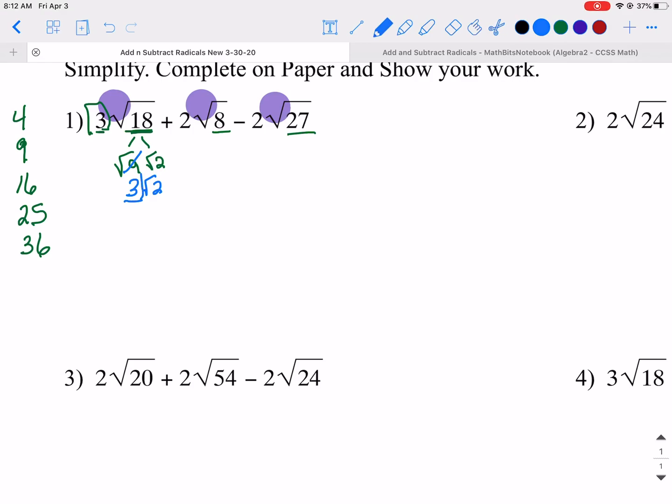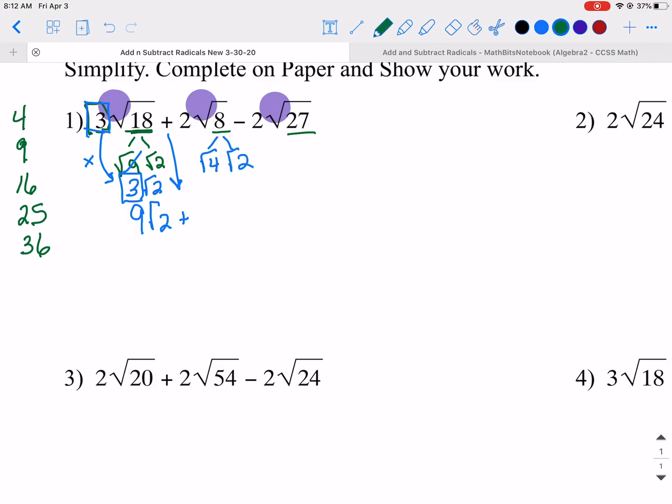So now I have an outside number here and an outside number here, and you multiply those together. So 3 radical 18 breaks down to 9 radical 2. I'm going to bring my plus sign straight down. Looking at 2 radical 8, I know that radical 8 has a perfect square of 4 that will go into it.